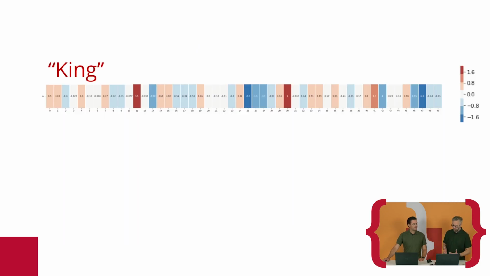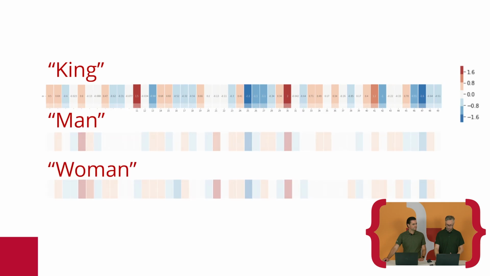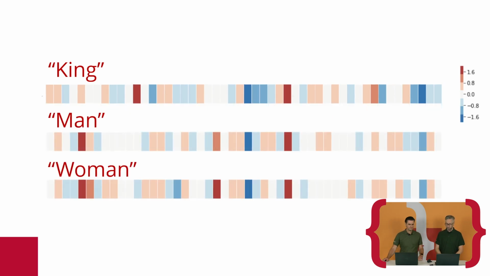Now, for example, we have here the word king in a 50-dimension model. So you see it's rated on 50 dimensions. And in this case, I rated it from -2 to +2 to make some more nice coloring. And you can compare that, for example, to the word man and woman.